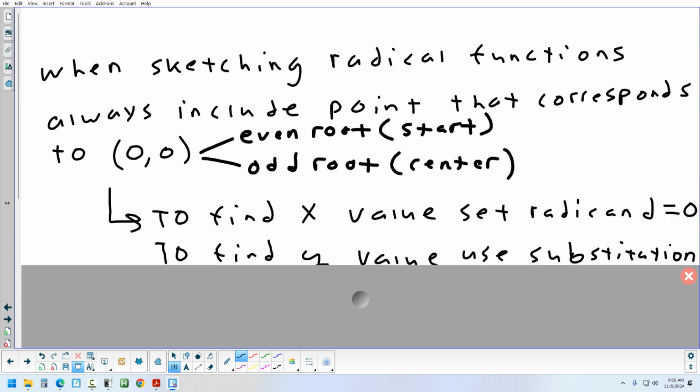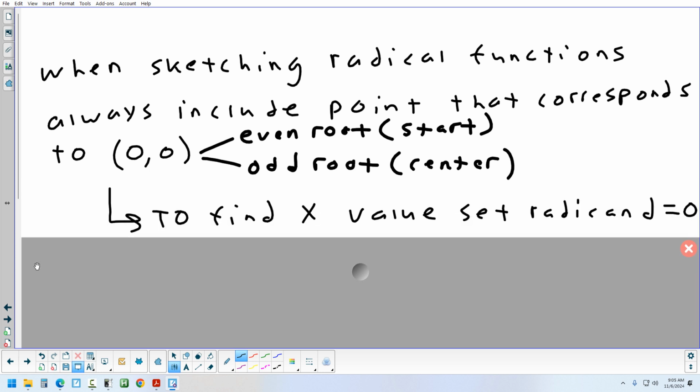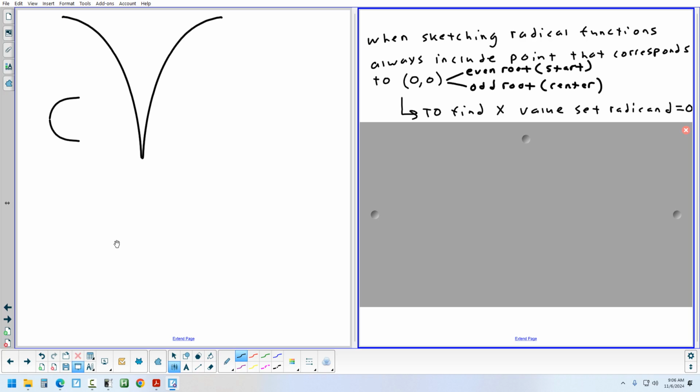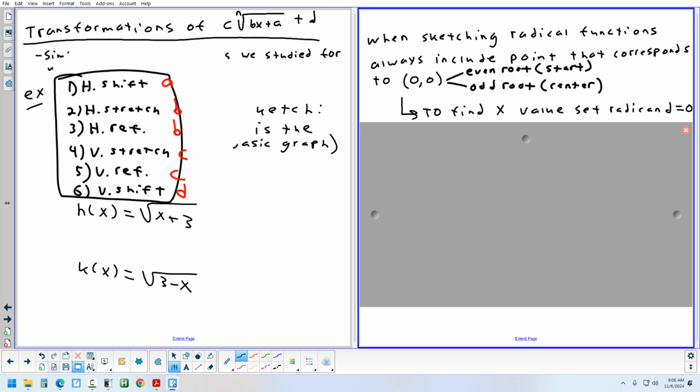And the way that you find it is first you're going to find the x value. Since we're finding a coordinate, we have to find two numbers. We have to find the x and we have to find the y. To find the x, you're going to set the radicand equal to 0 and solve.